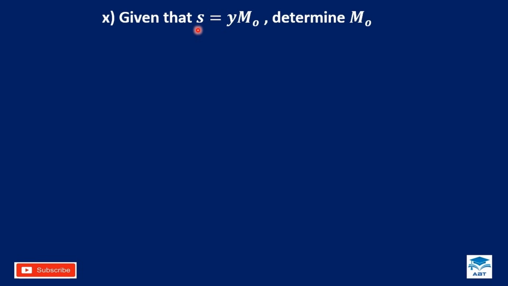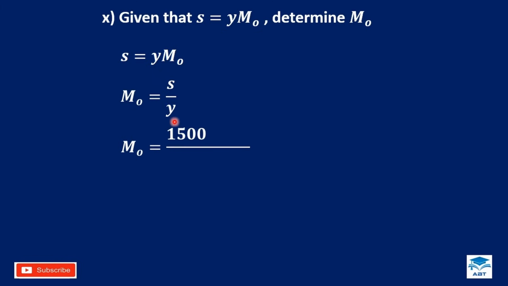Given that S is equal to Y times M naught, determine M naught. We have S is equal to Y times M naught. So we divide both sides by Y, and we have M naught is equal to S divided by Y. But the slope is 1,500 gram centimeters, and Y is 30 centimeters.